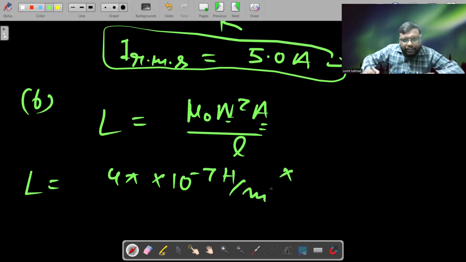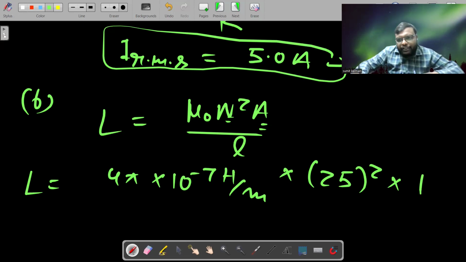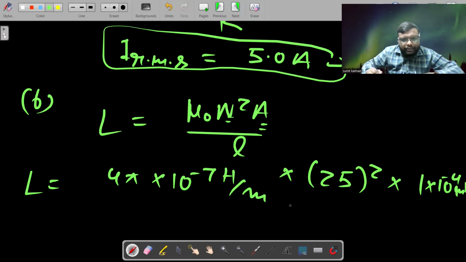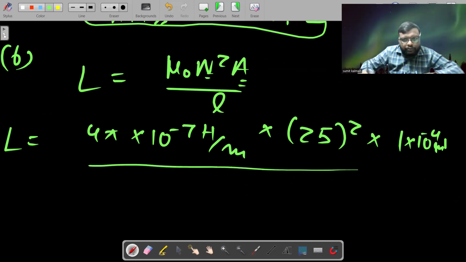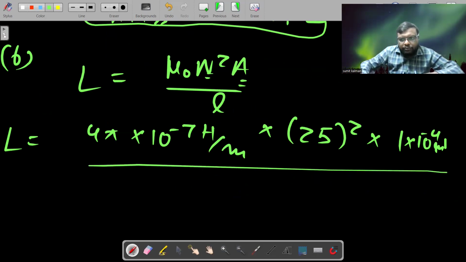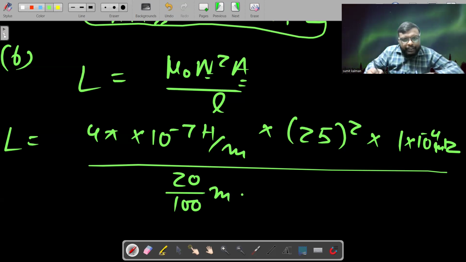Number of turns is given 25, 25 square. Area is given 1 into 10 to the power minus 4 meter square, and upon length, and length is given 20 centimeters, so we will convert it into meter. So here it will become 20 upon 100 meter.